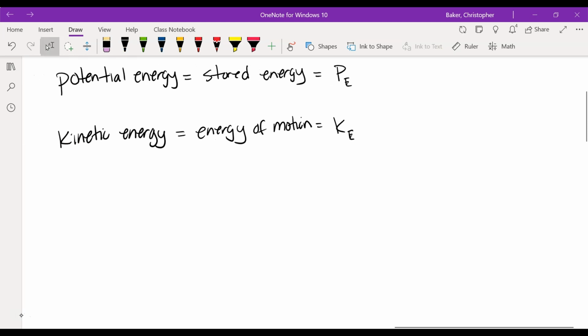The equation we use for potential energy is mgh. For kinetic energy, it's 1/2 mv squared.